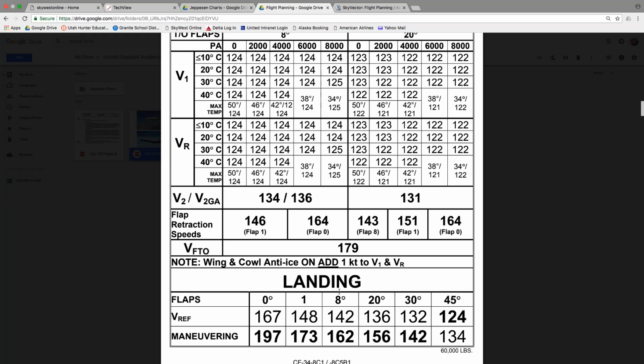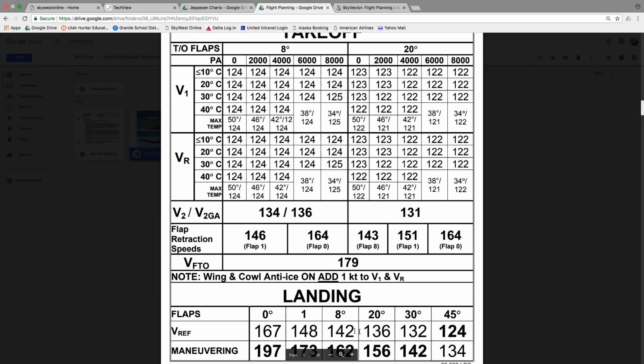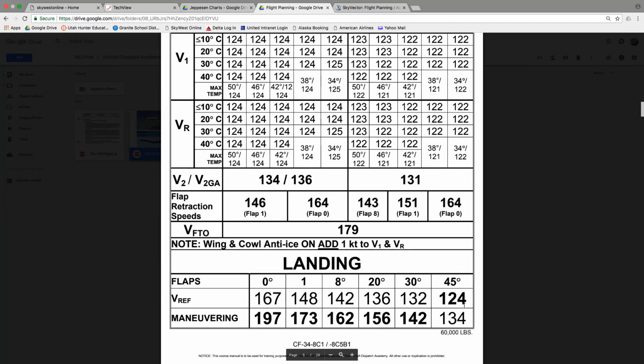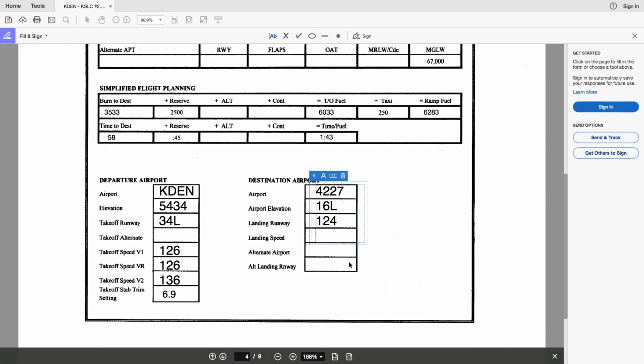And go down to the landing. So it's just saying 60,000 pounds. This is your takeoff section, and this is your landing section for 60,000 pounds. And then flaps 45, VREF 124. Good? Okay. You didn't have an alternate airport and don't care about the runway.